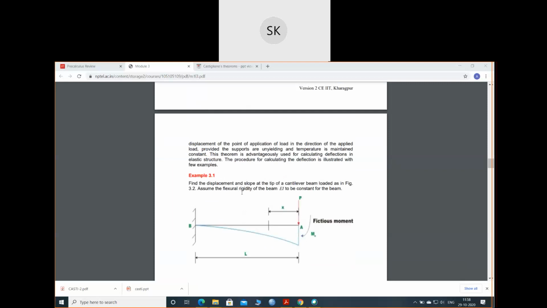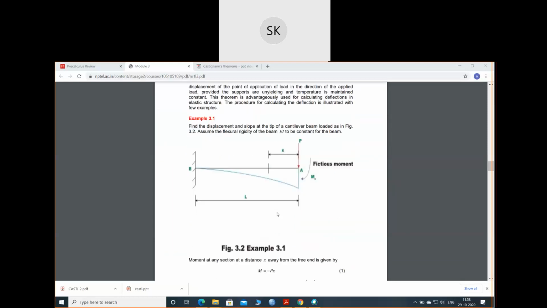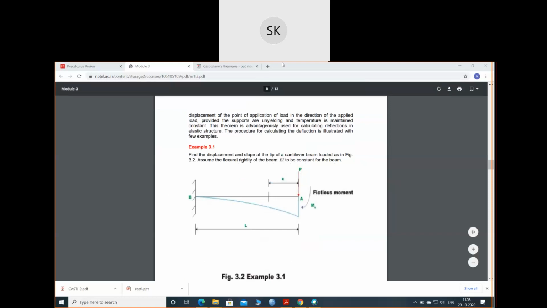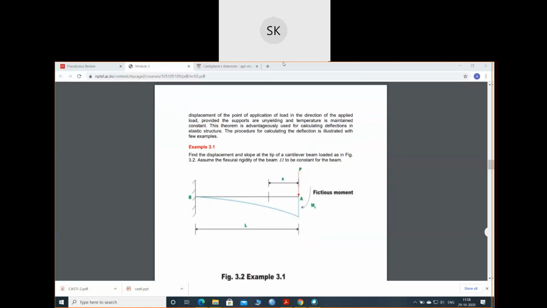Find the displacement and slope at the tip of a cantilever beam loaded as in figure 2.2. Assume the flexural rigidity of the beam EI to be constant for the beam. So EI is constant throughout the beam. So please respond if there is any confusion in the theorem. We'll explain one more. Type in the chat box.